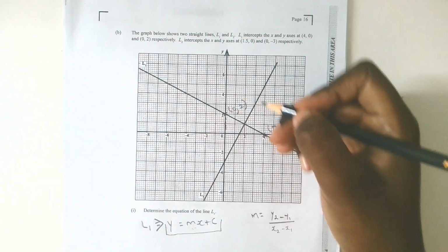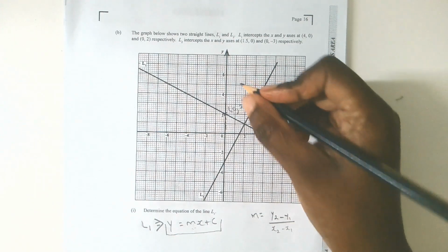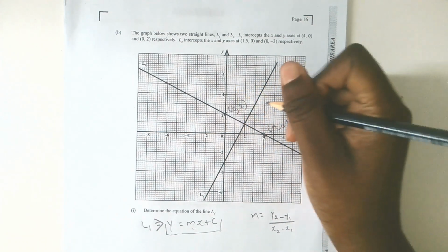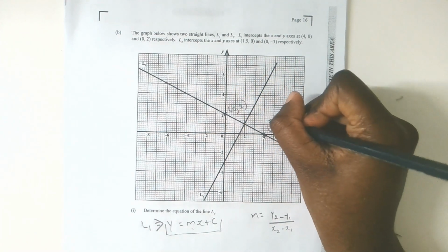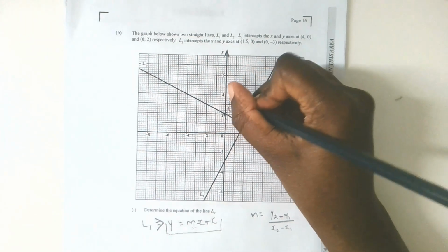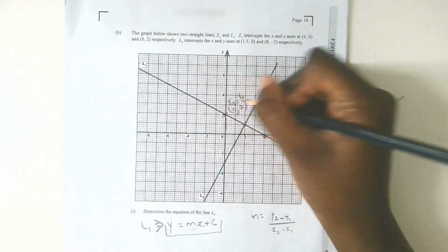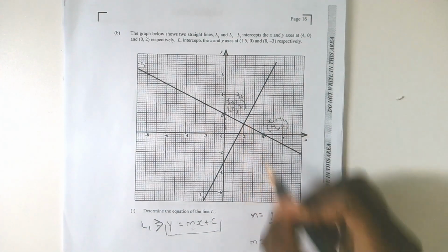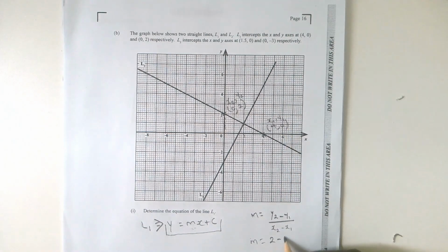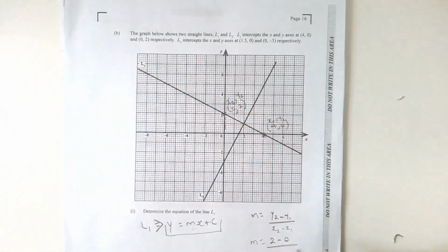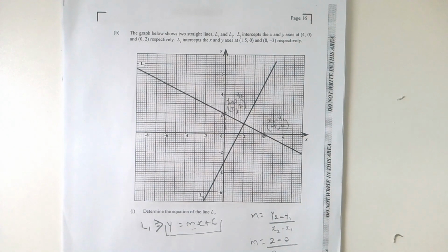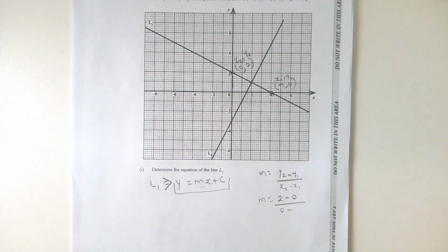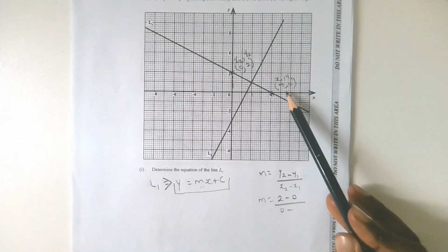I'm going to label here x1, y1, x2, y2. Substituting our values, y2 is 2 minus y1, which is 0, divided by x2, which is 0, subtracting our x1 value, which is 4.